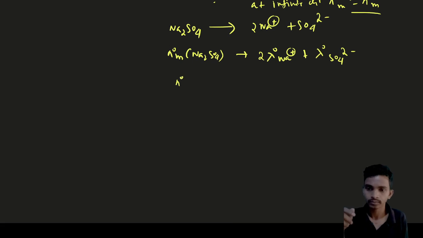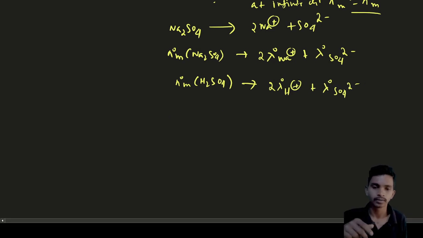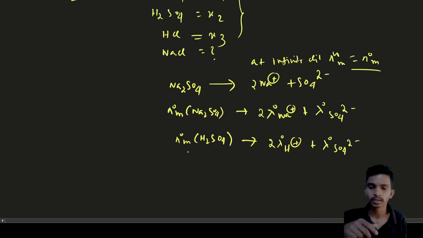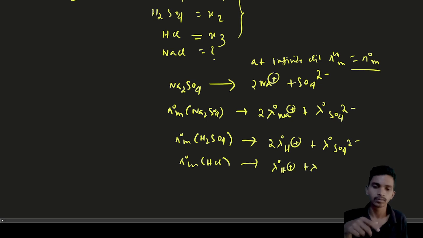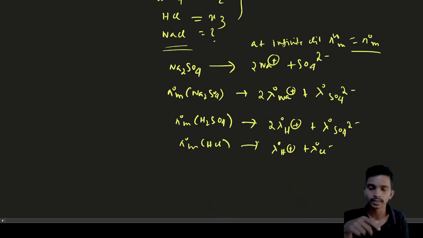And H2SO4 also gives 2H plus and SO4 2 minus. Similarly HCl gives H plus and Cl minus, and from here you have to find that NaCl.